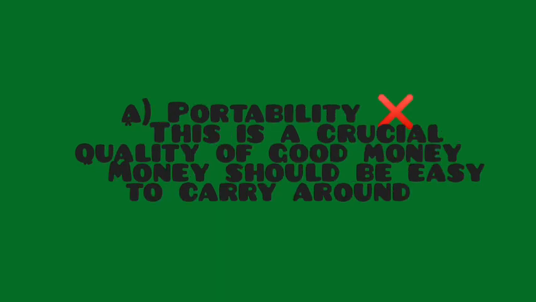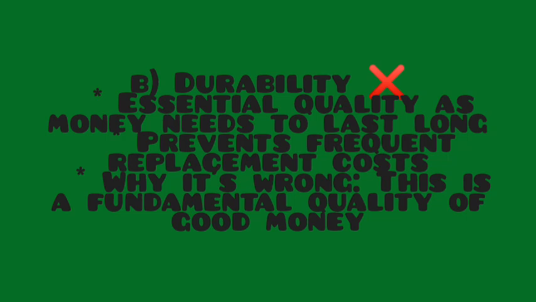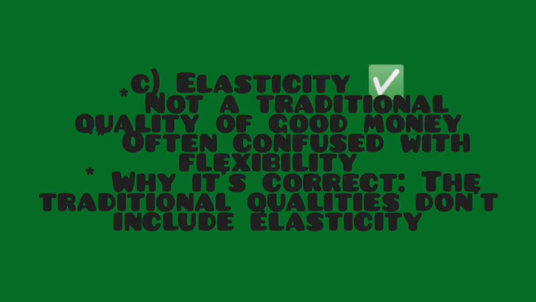Option A, which is portability, is wrong. Though it's a crucial quality of good money, money should be easy to carry around. Option B, durability, is also wrong because it is an essential quality as money needs to last long. C, which is elasticity, is not a traditional quality of good money, often confused with flexibility.